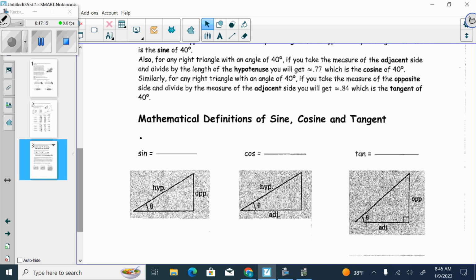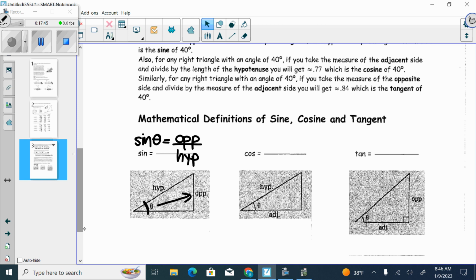So sine of your angle, we'll just call it theta for now, is always going to be the ratio opposite over hypotenuse. So if this was the angle that I'm looking at, where it says theta, if they ask me to find sine, I'm always going to use opposite over hypotenuse.